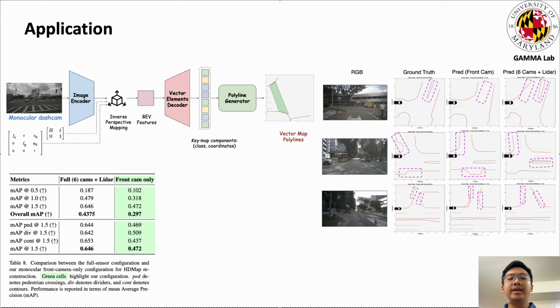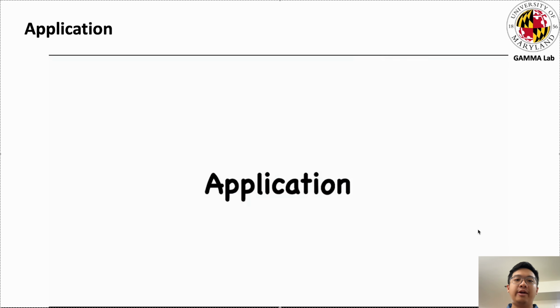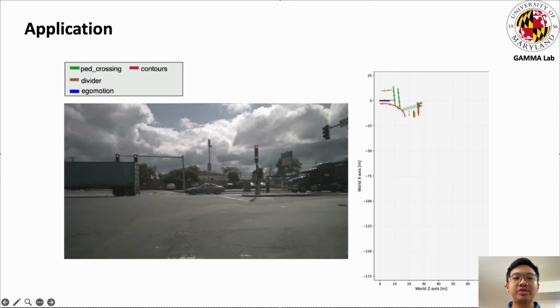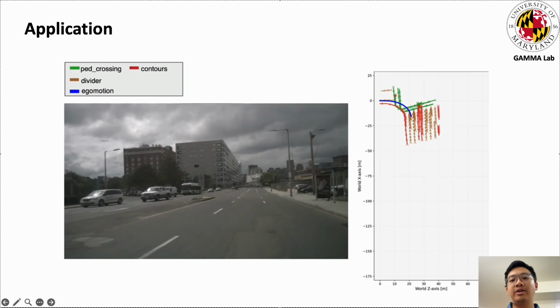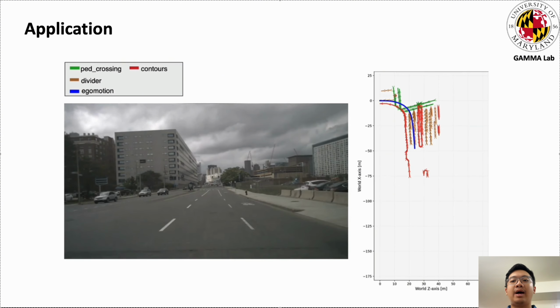And then we further integrate OpenVO into the vector map pipeline, allowing scalable and camera-only reconstruction of high-quality HD semantic maps. And here are some of the cool results on scene semantic understanding using the ego motion predicted by OpenVO.